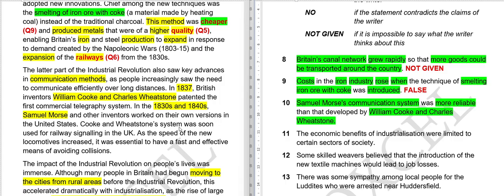Cook and Wheatstone's system was soon used for railway signaling in the UK. As the speed of the new locomotives increased, it was essential to have a fast and effective means of avoiding collisions. So our answer should be somewhere here, because after that Samuel Morse is not mentioned.